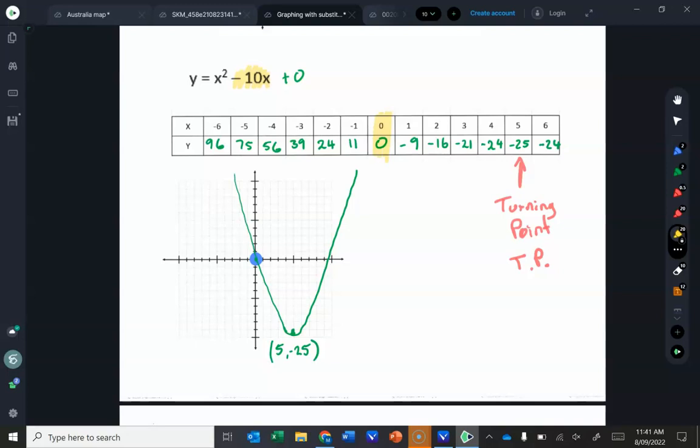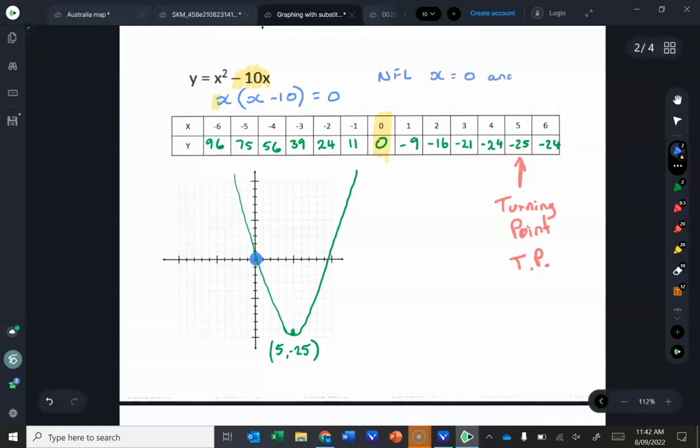Now, these tables, this is why this is a completely rubbish way of doing this, okay? And why we want to do this to get to the test and get through the fundamentals and then stop, because we could use null factor and we could do this quite easily, okay? Have a look at the original equation. Let's factorize that, okay? We can take x out the front of x minus 10, and if we make y equal nothing, by null factor, we know that the x value is going to be 0, and it's also going to be positive 10, okay?